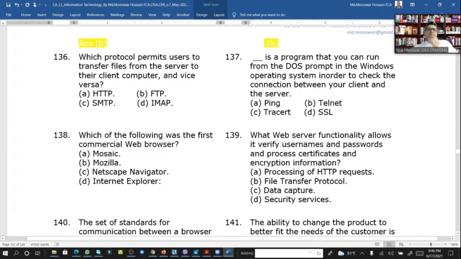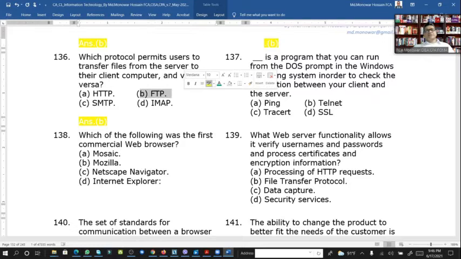Which protocol permits users to transfer files from the server to their client computer and vice versa? FTP, sir. FTP, right? Yes sir, FTP.